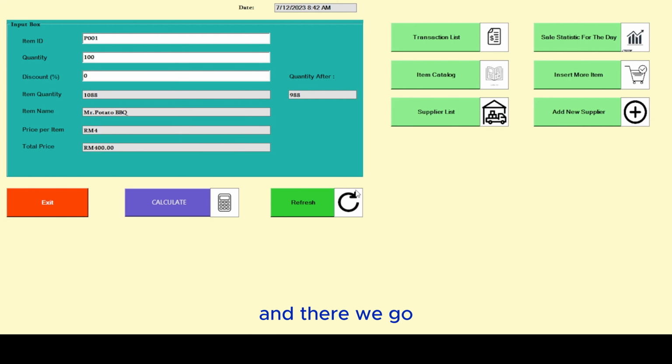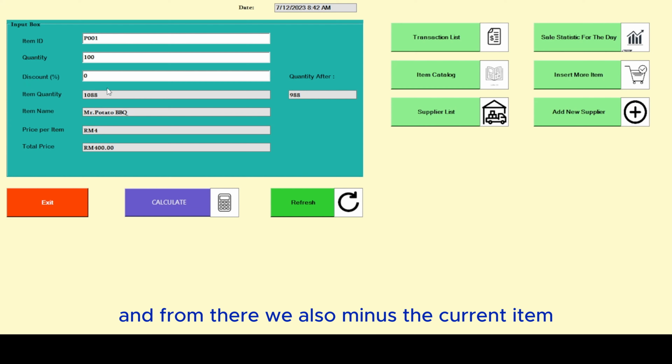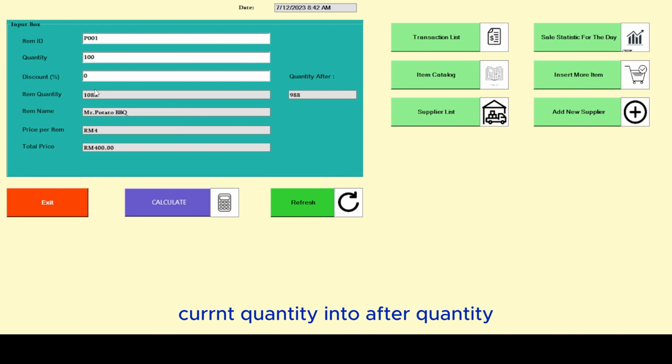And there we go. We get a transaction, and from there we also minus the current item inventory quantity after we reduce it to sell it to the customer.